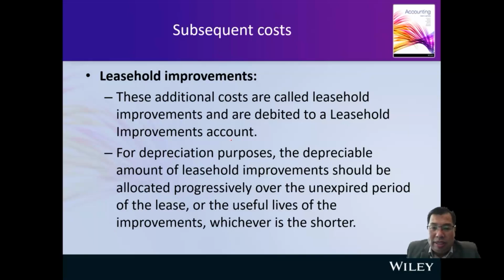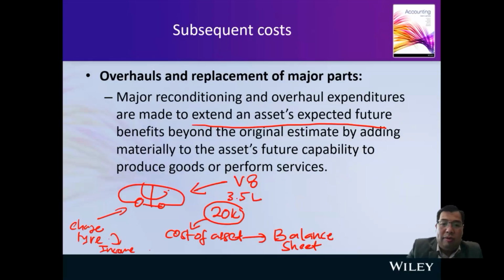For depreciation, the depreciation of the lease improvement is allocated progressively over the unexpired period of the lease. The same goes for our car from before. For example, the value is only 15,000 and the useful life is only 1 year.